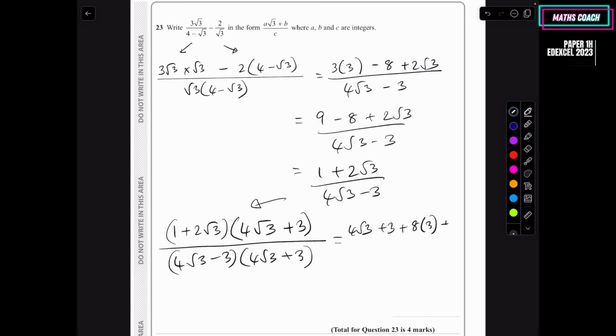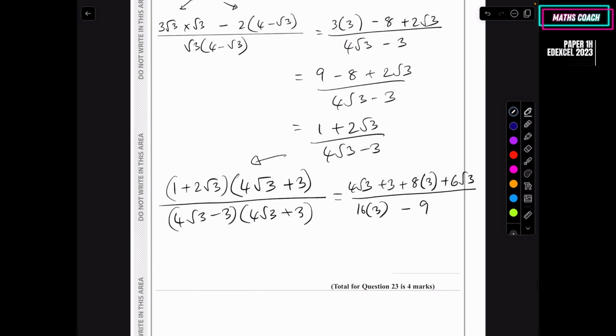And then the last part is just 3 times 2, which is 6 root 3. There we go. On the bottom, we get 4 root 3 times 4 root 3, which is 16. Root 3 times root 3 is just 3. And then you know that when you do this times that, they cancel because of these signs. So I'm just going to do the last part and leave that out. I'm just going to multiply those two, which is minus 9.